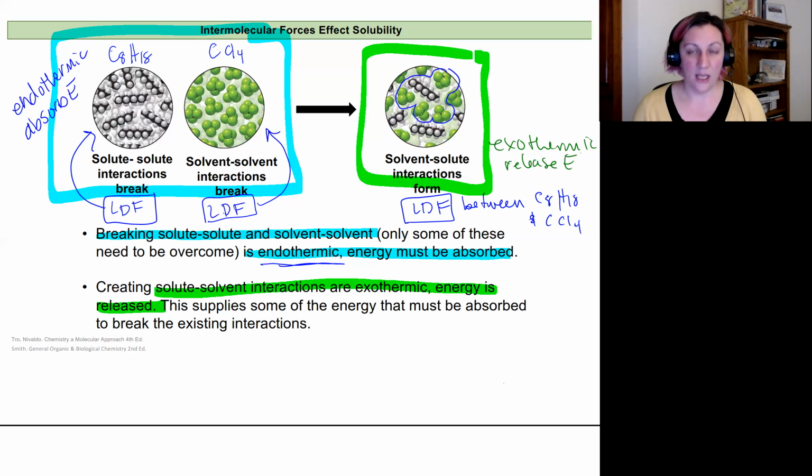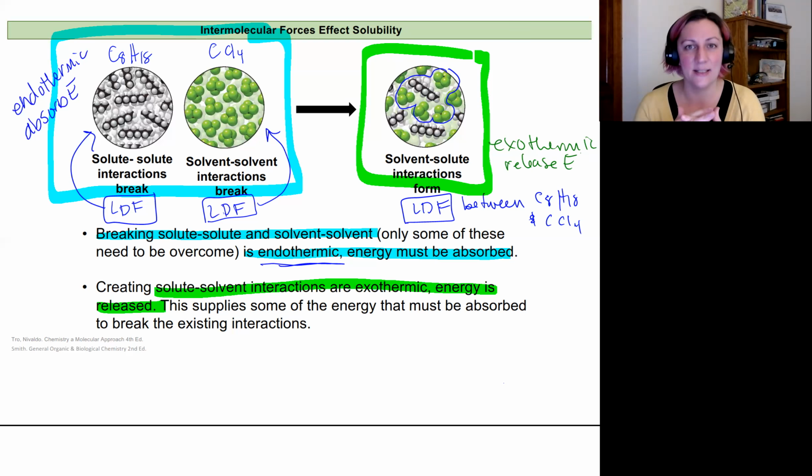Now, if the amount of energy that goes into separating things is the same amount of energy I get from bringing them together, then this is going to form a solution. Even if it's not perfect, even if it's just a little off, it'll probably still form a solution because it will have that tendency to mix.